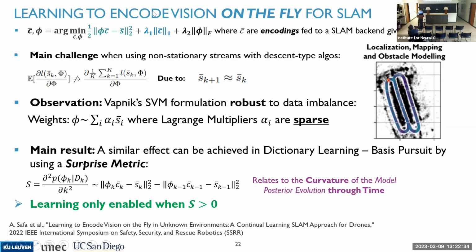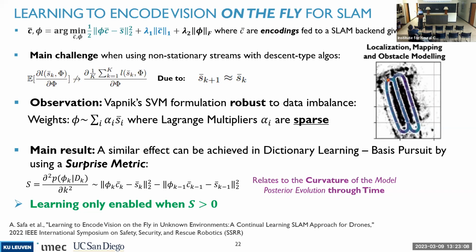So we'll again use this dictionary learning based framework, the equation I just put back here. Given the input S, which is, for example, spike trains coming from an event camera or RGB frames, you want to learn online in a continual manner the weights Φ, and online produce the output C, and then feed these descriptors, this latent code C, to a SLAM backend.